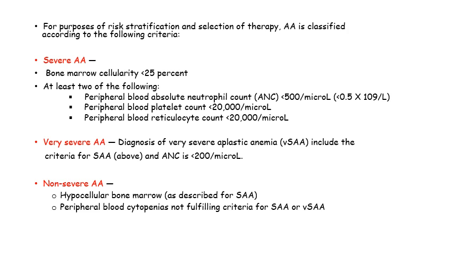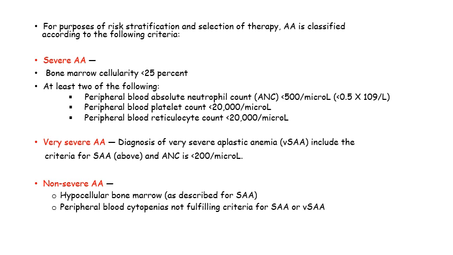The very severe aplastic anemia includes all the criteria, but here the absolute neutrophil count is less than 200 per microliter.